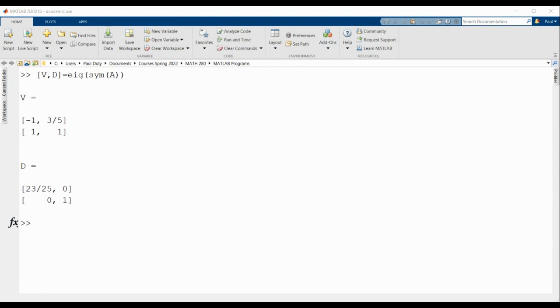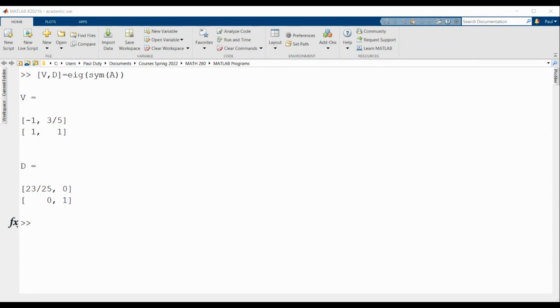The matrix D has along the diagonal values of 23/25, which in the book, of course, they have as 0.92, and then you have the eigenvalue of 1. The eigenvectors in the matrix V, if you look vertically, are -1, 1 as the first eigenvector, and then -3/5, 1 as the second eigenvector.